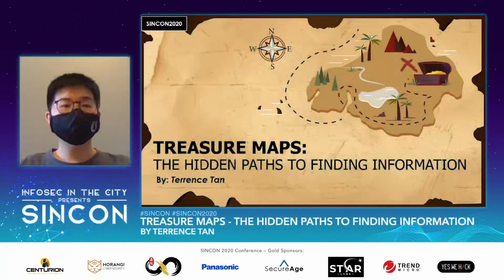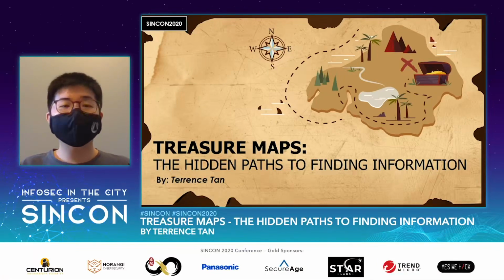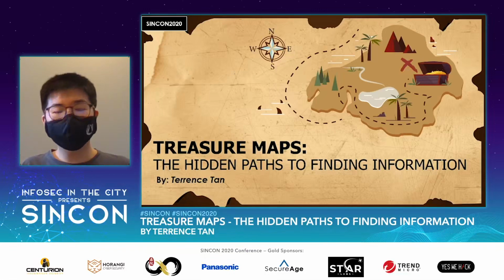Hello everyone, my name is Terence, and today we'll be talking about treasure maps, which is the hidden paths to finding information. So what is this workshop going to be about? Today we're going to be talking more or less about open source intelligence, or OSINT. This is information that is all available publicly in the public domain.